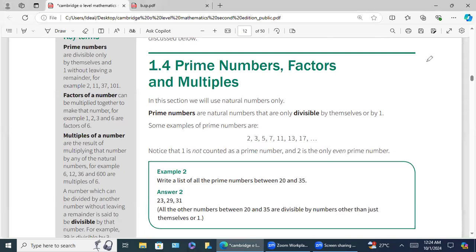Okay, another key term, factors of a number. What are factors of a number? Dear student, factors of a number can be multiplied together to make that number. For example, 1, 2, 3 and 6 are the factors of 6. Let me explain this.